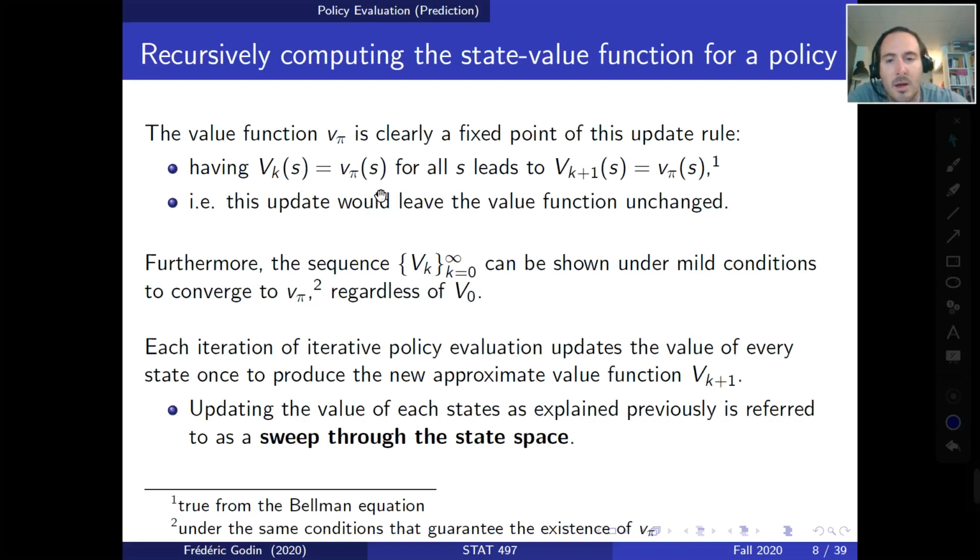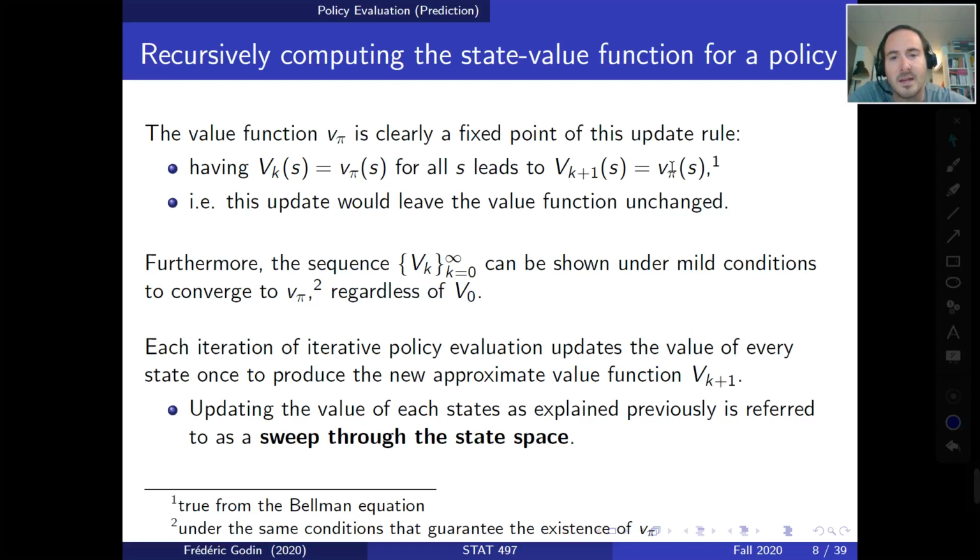So if vk(s) is v pi(s), then v_{k+1}(s) would also be equal to v pi(s). If we have a perfect estimate of the value function, this estimate would be invariant to an application of the iterative policy evaluation procedure.